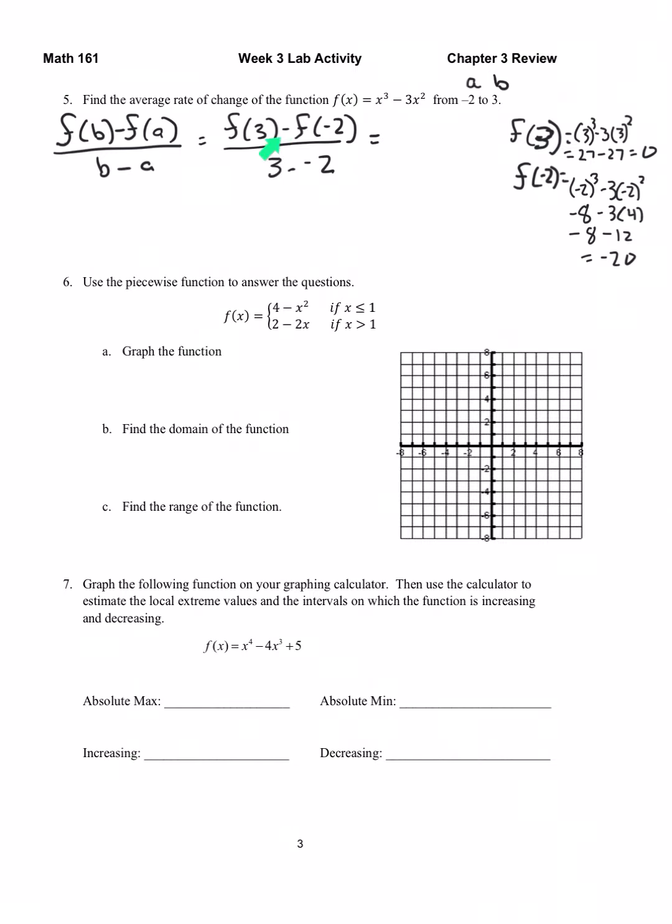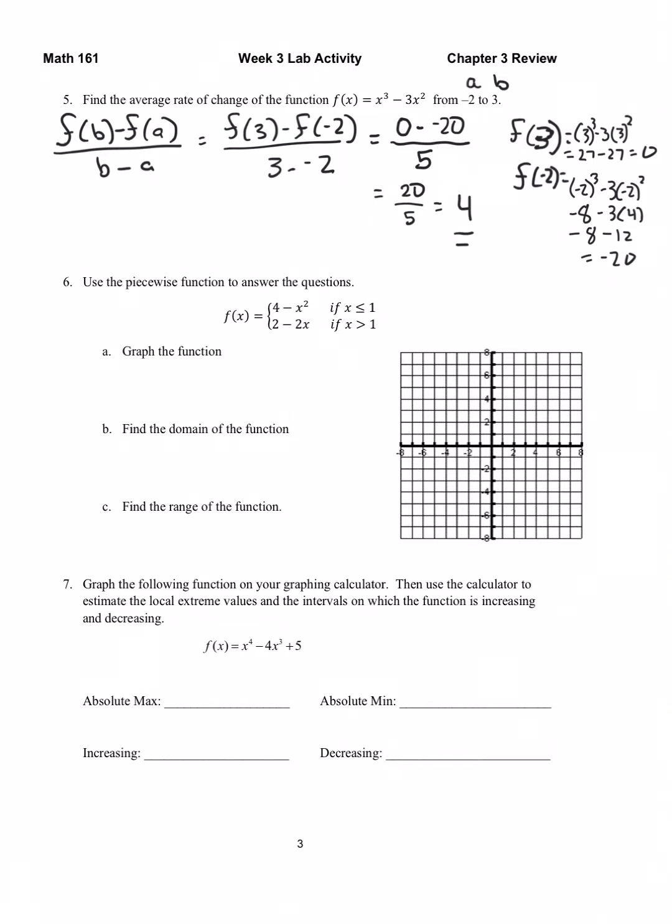From here, I'm going to go ahead and plug these into my function. So the f of 3 is 0 minus the f of -2 is -20. And so it looks like our average rate of change is 4.